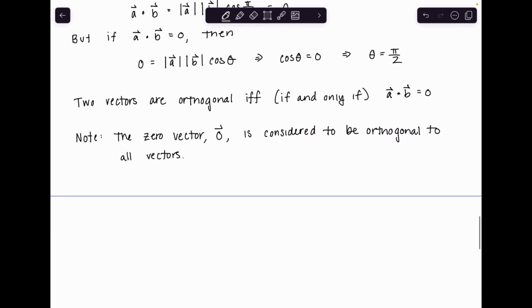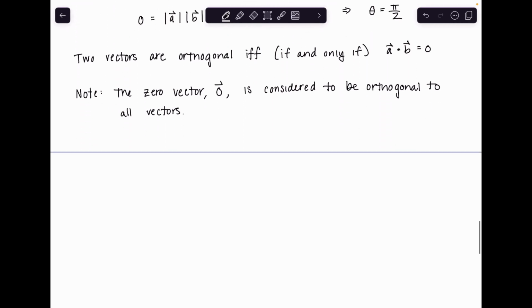So let's try an example utilizing this now. We want to know, are the vectors 3i plus 2j plus k and 2i minus 4j plus 2k orthogonal?